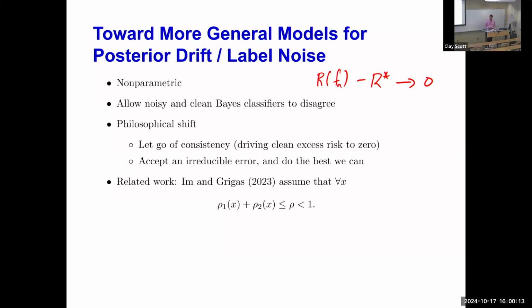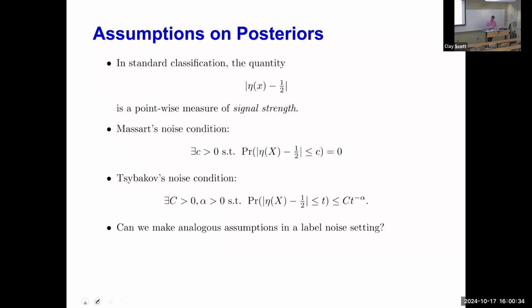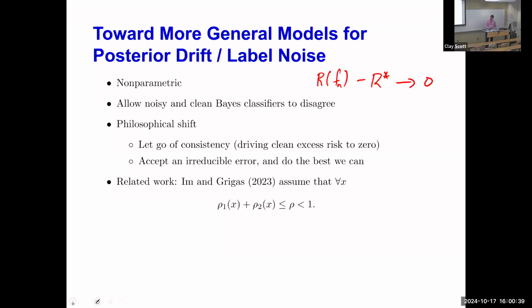Just naively train your classifier as you normally would, and that scales with the lower bound that they can show. All right. So we want to come up with a distributional assumption for posterior drift that's very flexible.